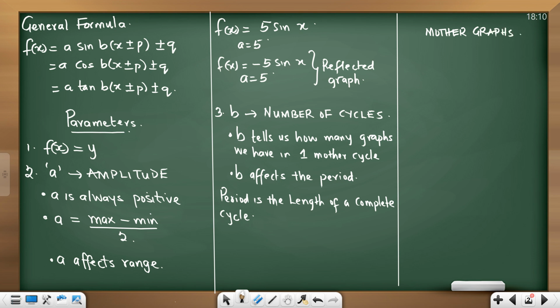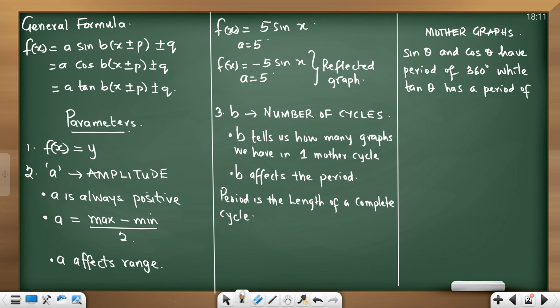Mother graphs, sine theta and cos theta have periods of 360 degrees. While tan theta has a period of 180 degrees. That's the mother graph. In grade 10, we did that. Sine theta. But we're going to compress it now and put all together.